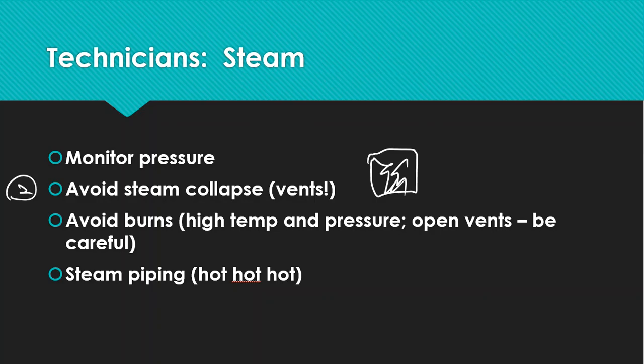We don't want that to go on. So for that reason, steam collapse is something I need to keep my eye on. So once more, take a look at pressures, take a look at temperatures, make sure things can vent. That venting process is going to be pretty important.